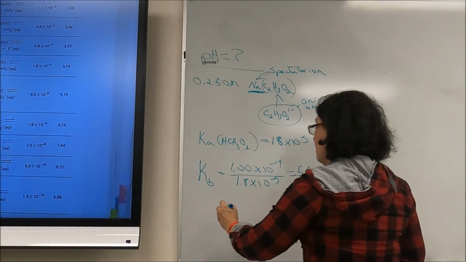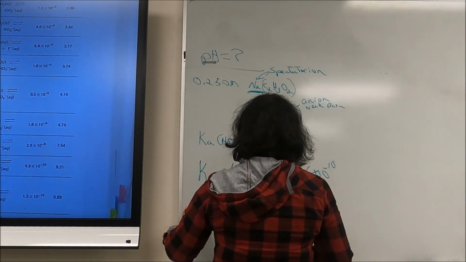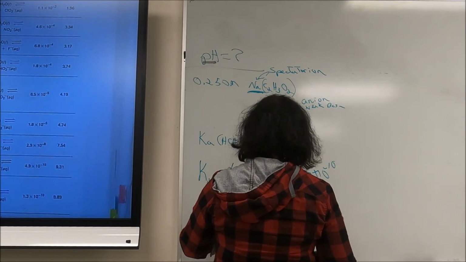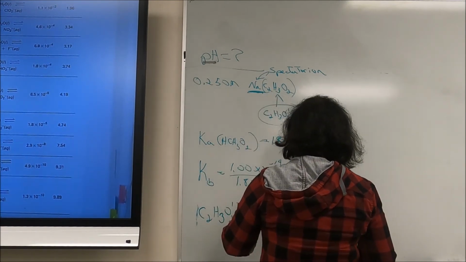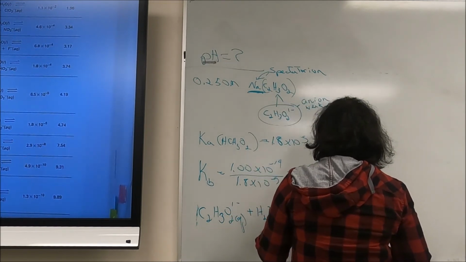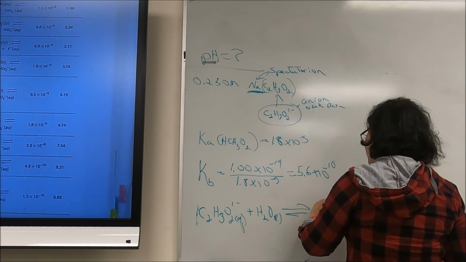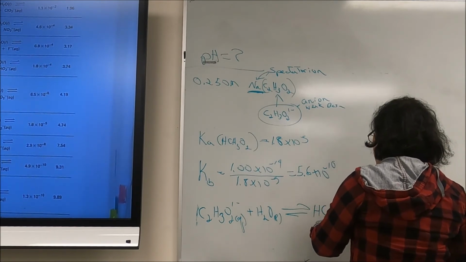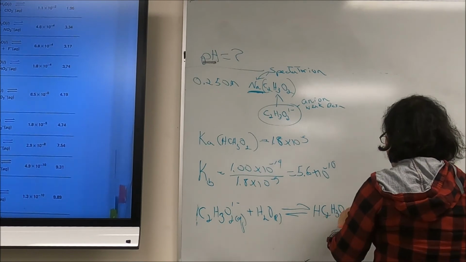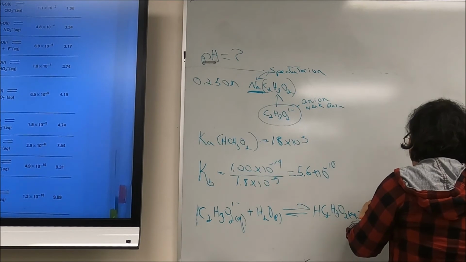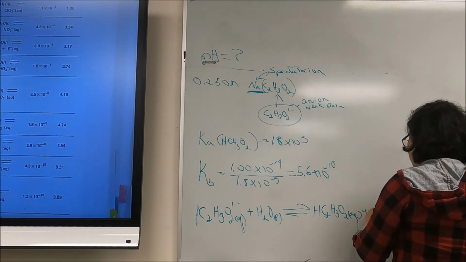Now, our reaction is C2H3O2 1 minus aqueous plus water, water's a liquid, reacts to give us HC2H3O2 aqueous plus hydroxide ions aqueous.